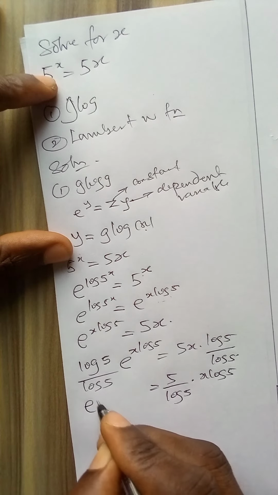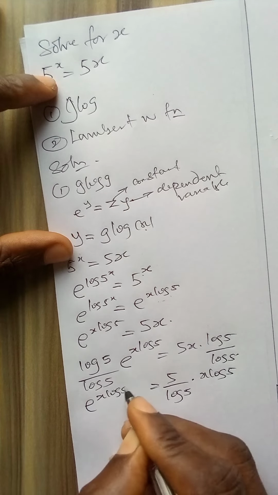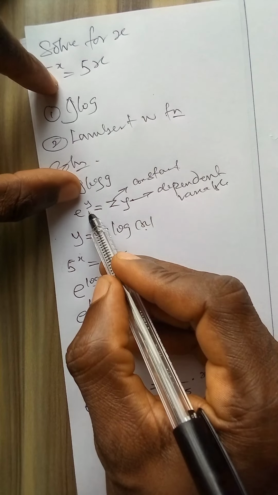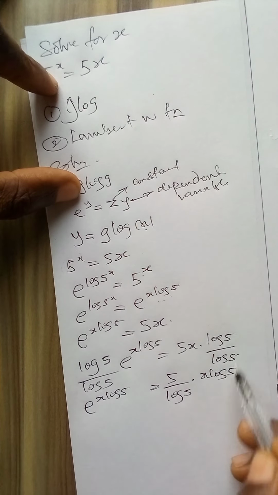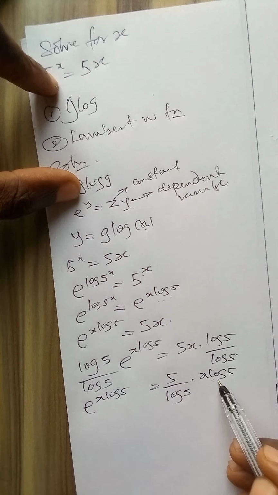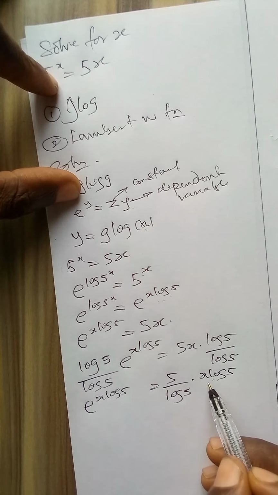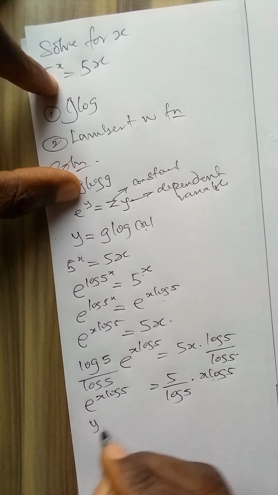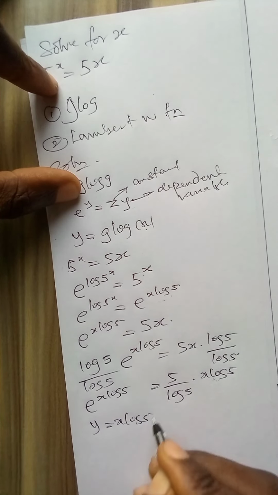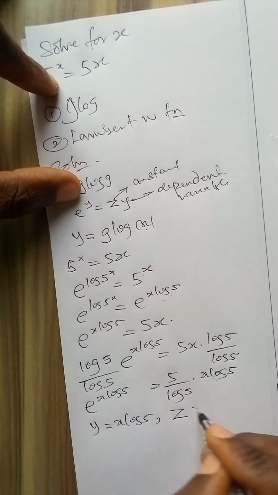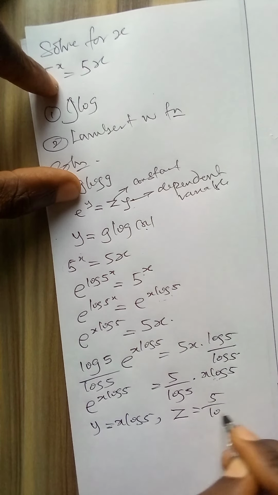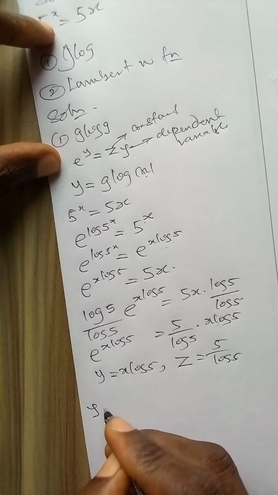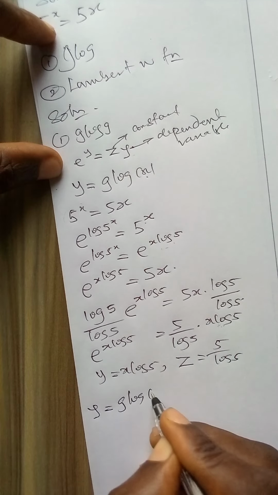And so we have e to the power x log 5. Basically, what we have as the power, according to the formula, is also what we have as the dependent variable. Let us remember that y depends on the variable x. So y is equal to x log 5, while our z, which is a constant, is equal to 5 over log 5.